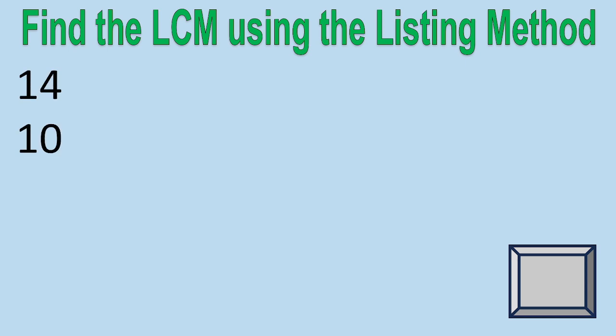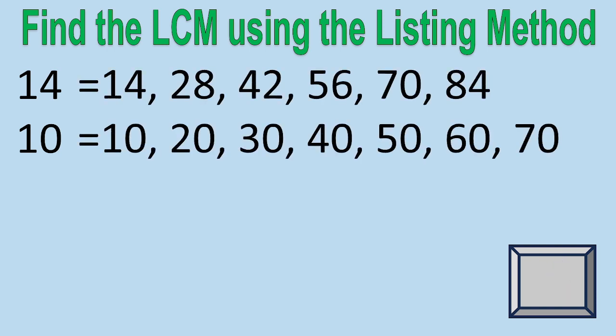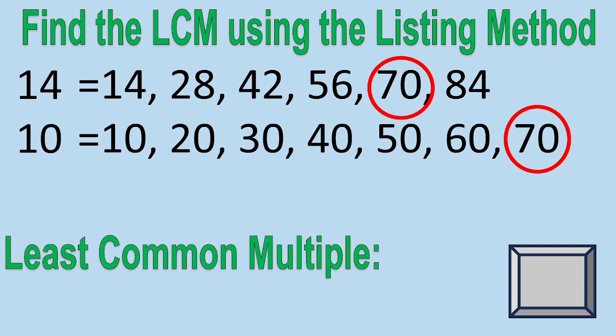Another, 14 and 10. Time's up. The answer is so the least common multiple is 70.